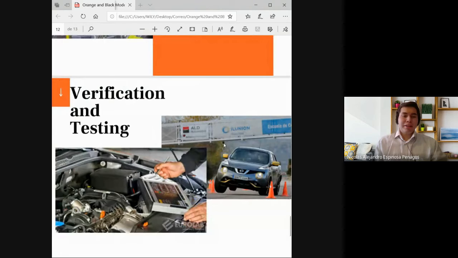And the last one, we have verification and testing of products. In this step, some checklists are applied to follow the correct functionality of the car, and this verification includes testing to show up some mistakes that could be in this product, but that are not easy to find.